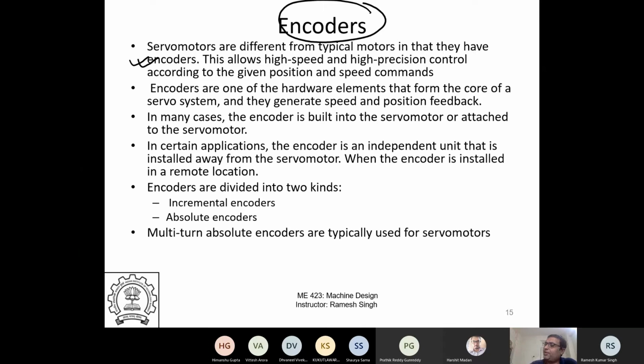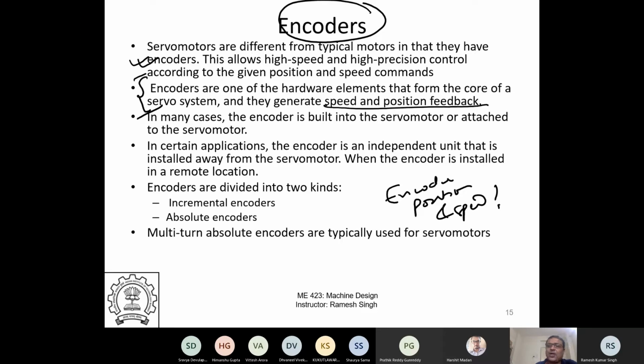So this encoder can actually be used to measure position and speed, both. Encoders are one of the hardware elements that form the core of a servo system. That's the key part of a servo system. A servo system needs to have an encoder, and they generate speed and position feedback. So that's something which is required.